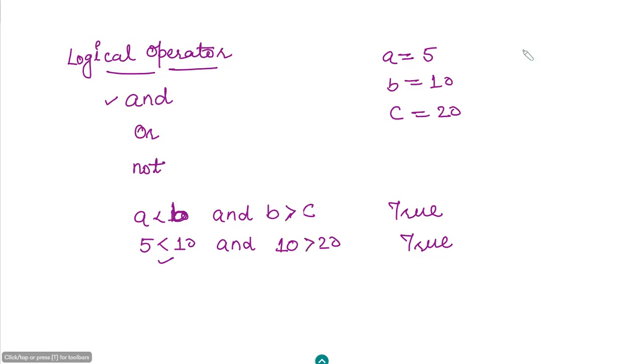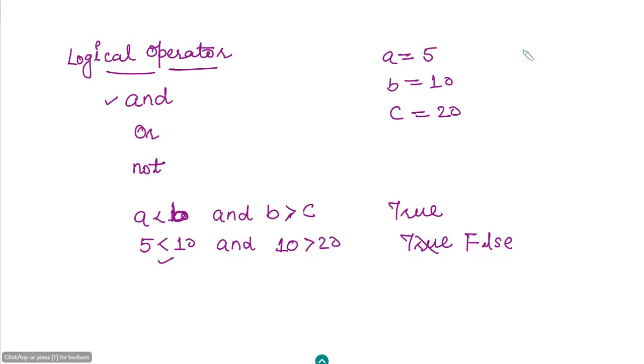Then what does it return? It returns false. So that means if any one of the conditions with the AND operator is incorrect, then it will return false. All the conditions should be met, right?